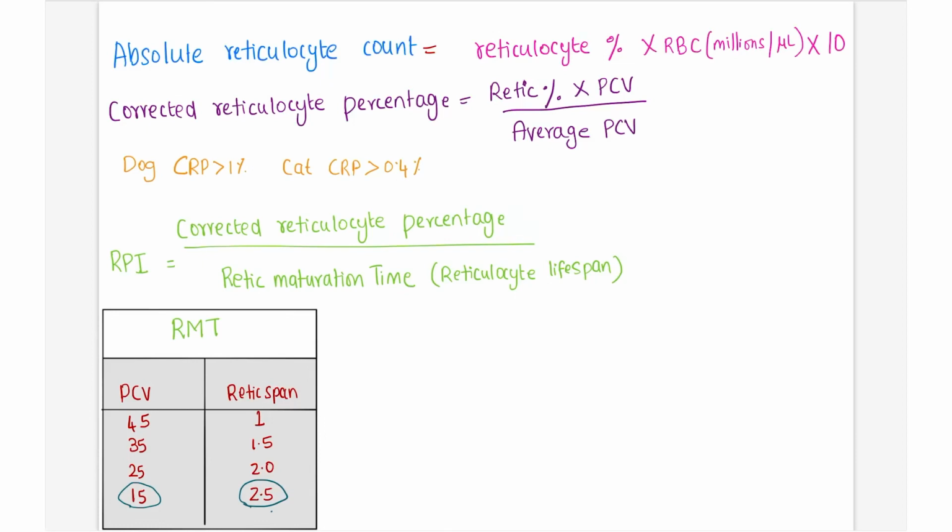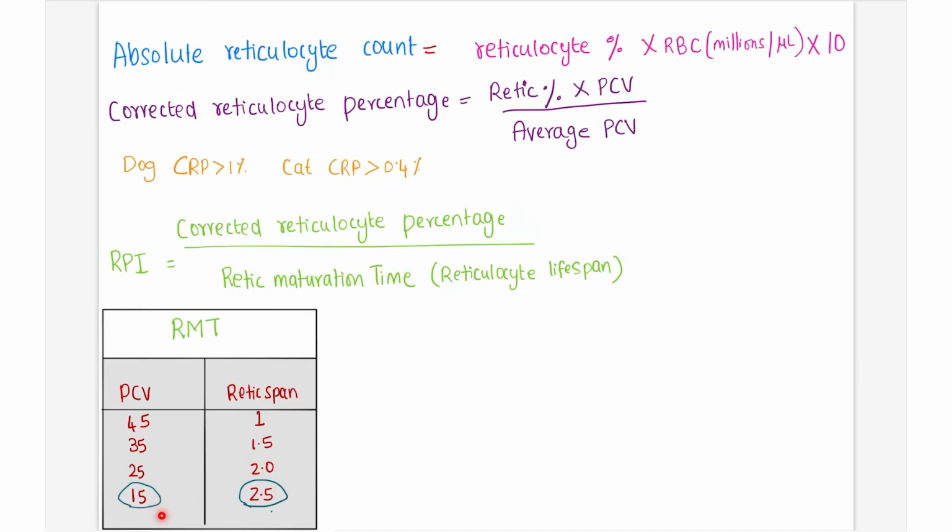For a patient with PCV somewhere between 36 and 45, the RMT value is going to be 1. If the PCV is between 26 and 35, the RMT is going to be 1.5. If the PCV is between 16 and 25, then RMT is going to be 2.